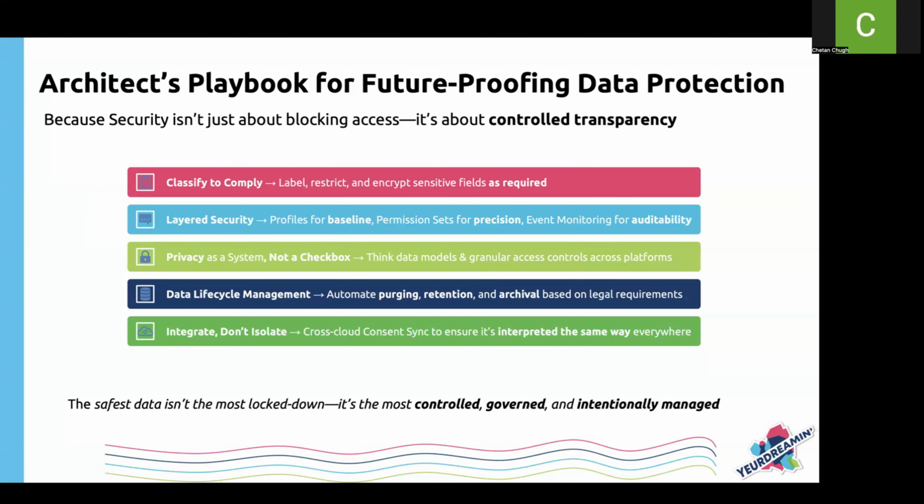Data lifecycle management. You don't want to be sitting there doing this export of the data manually. There are tools that you can use to automate these things as per your retention policies, and retention policies can be as elaborate as, okay, if this is the type of case, if this is a closing reason, then archive it after these days.